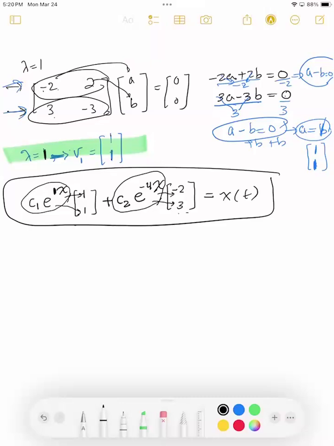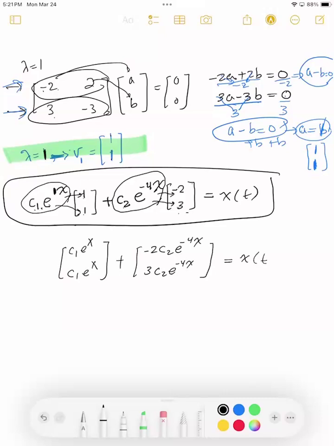So if I multiply C1 e to the x by 1, I just get C1 e to the x. I multiply C2 by both components, and I get -2 C2 e to the -4x and 3 C2 e to the -4x.